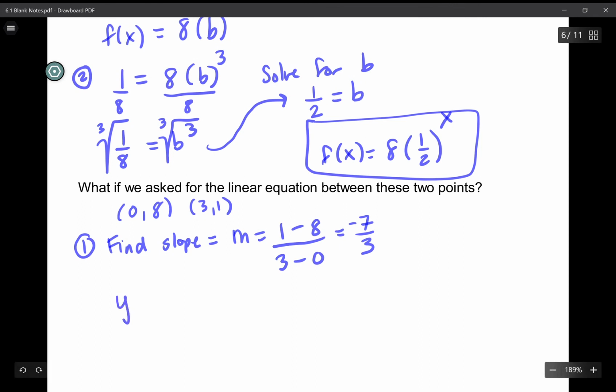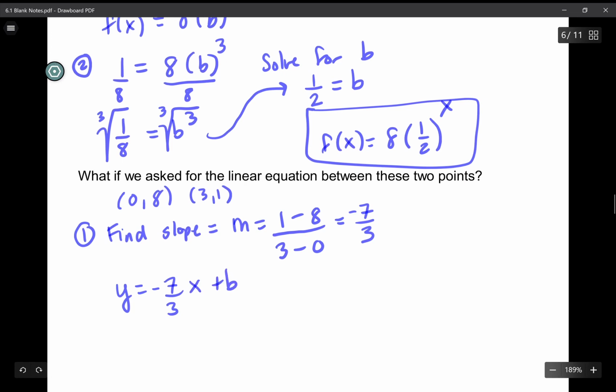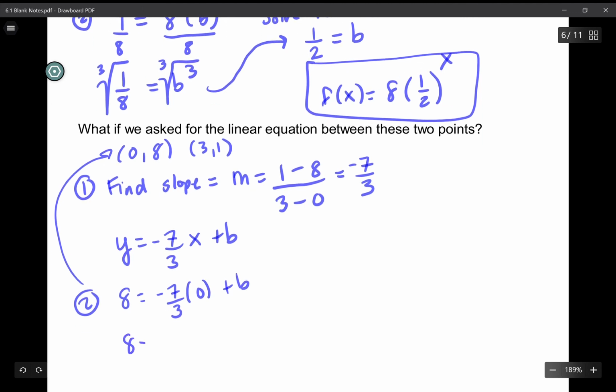So now we have y equals minus 7/3 x plus b. And now we find the y-intercept, which actually we were given, right? So we can just plug in this point if you want to. 8 equals minus 7/3 times 0 plus b. So 8 equals b. We already knew that. I just went through the work. So my linear equation is g of x equals minus 7/3 x plus 8.